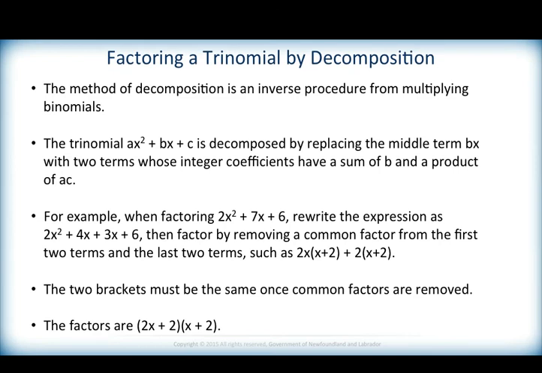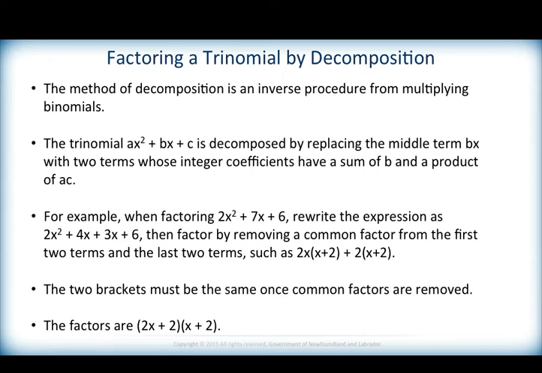Next, we're going to look at factoring a trinomial by decomposition. Decomposition is a new procedure. We haven't used that before. And you have to keep in mind, in our previous lesson, we did factor a trinomial of the form ax squared plus bx plus c.